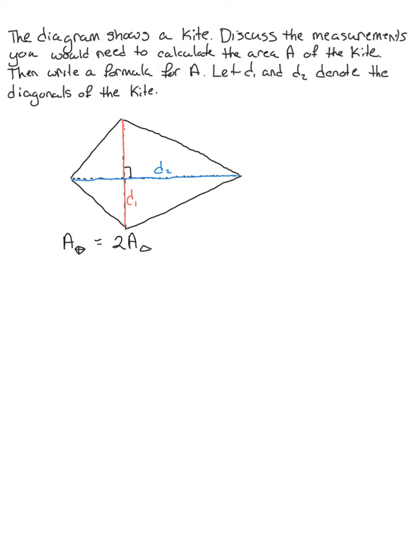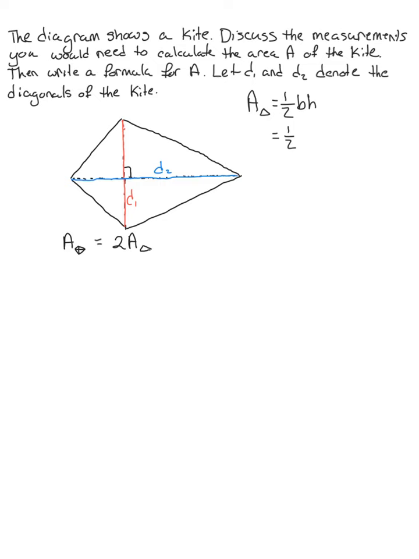And the area of the triangle is a pretty familiar one, right? So the area of a triangle is 1/2 times the base times the height, right? Okay, now we're only going to be focusing on the triangle up here, the upper triangle.